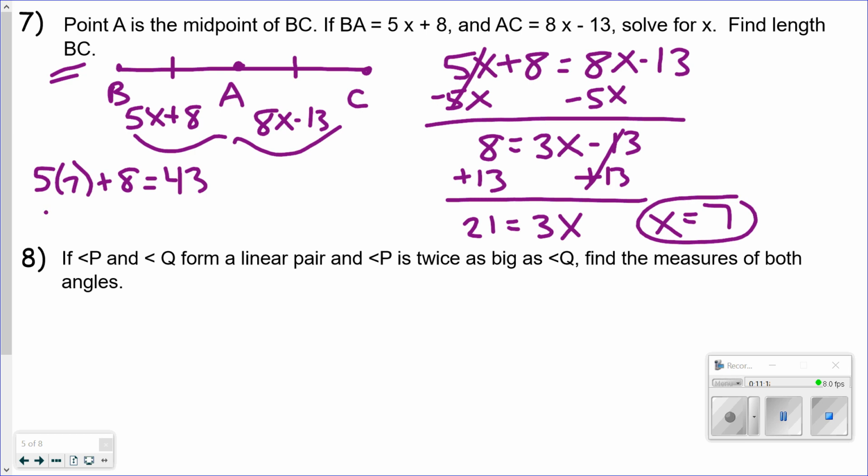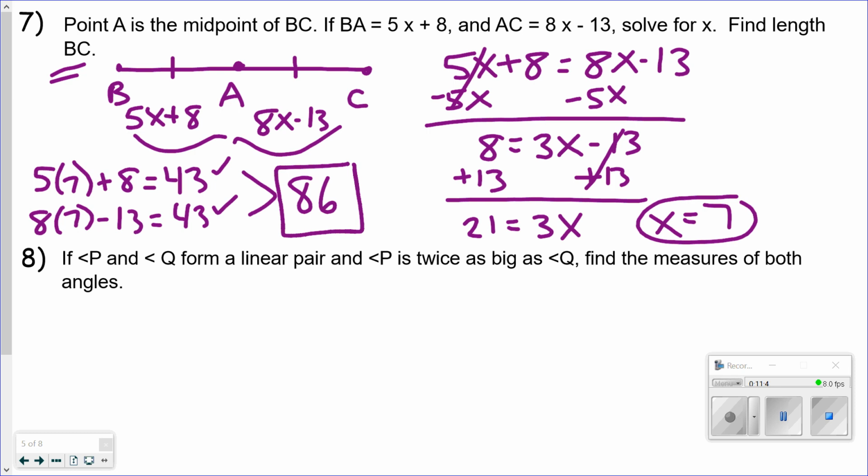And for my second equation, 8 times 7 minus 13, I also get 43. I should make sure that those are the same, and they are, so that means my x value is good. But to find BC, I need to add both of these up. So 43 plus 43 is 86.